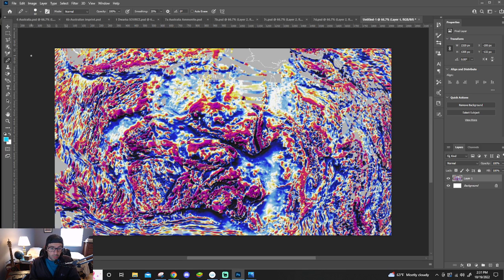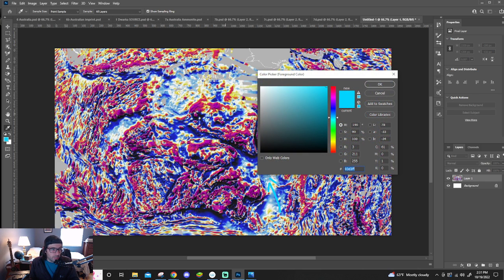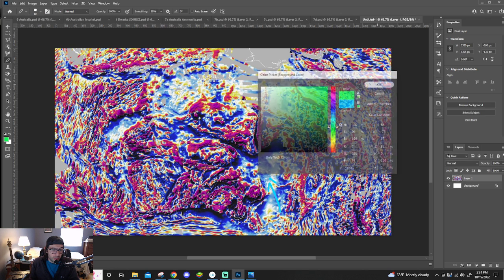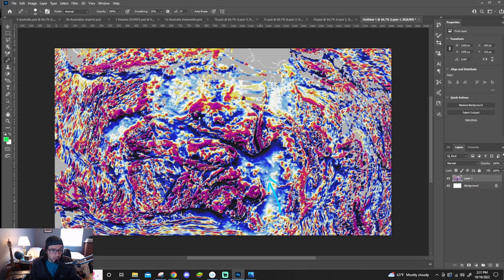So we know for sure we got a flow coming in this way. And then that color's pretty bad. That's the problem. It's kind of hard to choose colors over all these colors. But that's okay. Green, I found, since it's not one of the colors, is probably a good one. So we'll just color right over top of it.